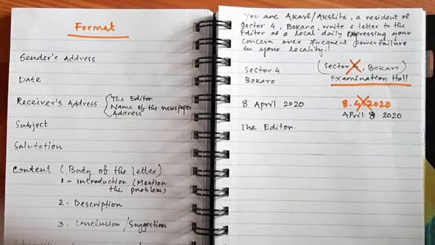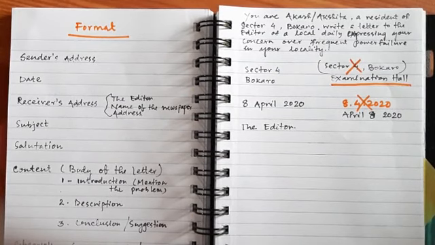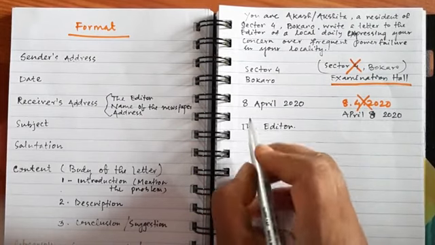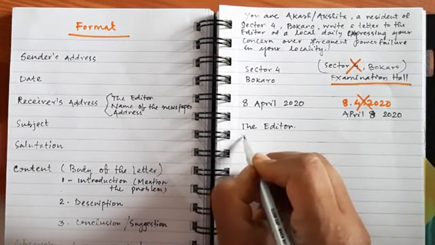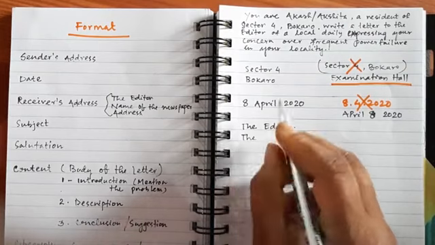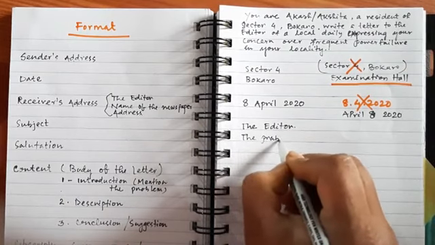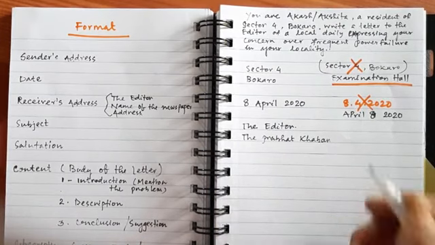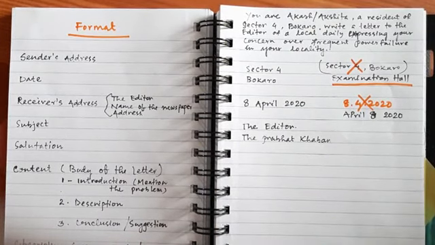Instead, you can write down the Times of India, Hindustan Times, Dainik Jagran, Dainik Bhaskar, anything. So here we can write any name of a newspaper. The Prabhat Khabar, let's write down. You can also write down the Hindustan Times if it is a national daily given in the question paper.